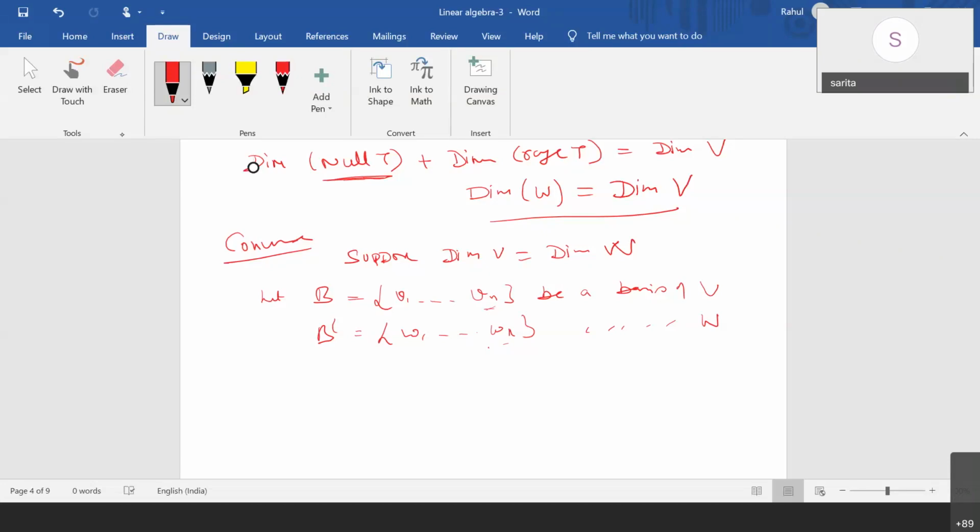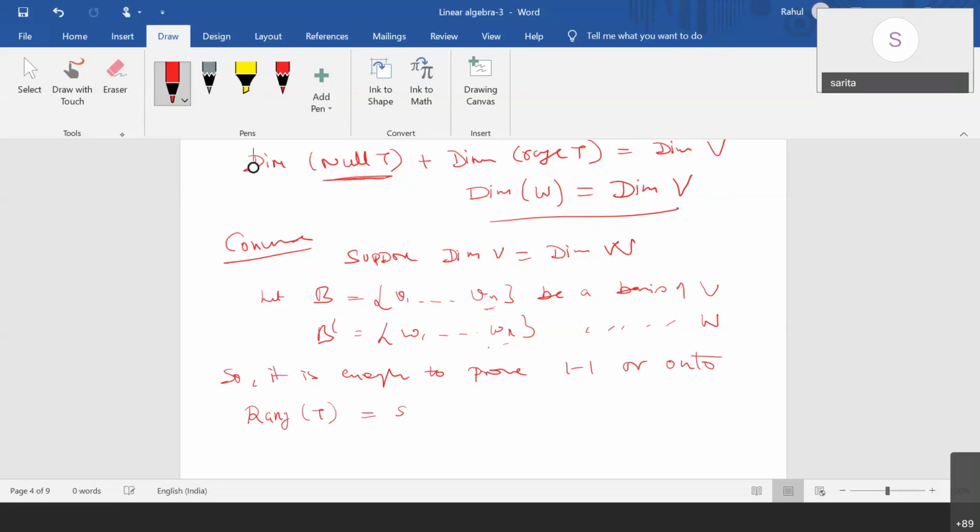Now let this be a basis of V, and this be a basis of W. Since their dimensions are same, it is enough to prove it is 1-1 or onto. They are of the same dimension. Now range T. What is range T?